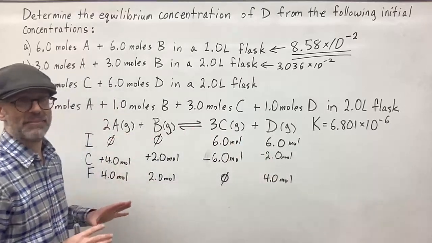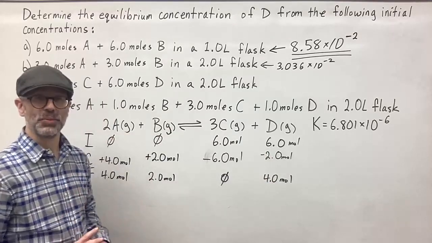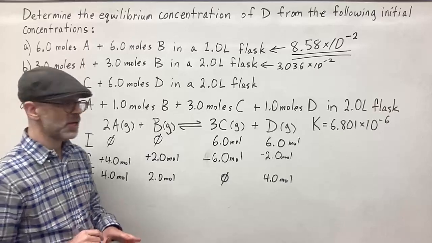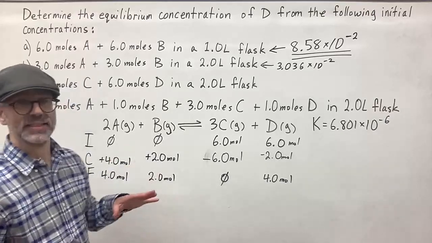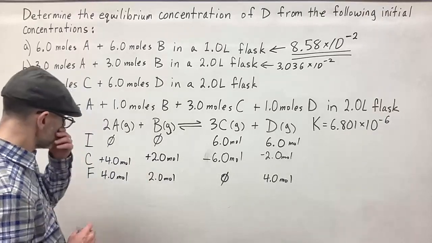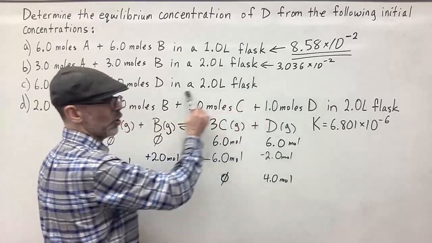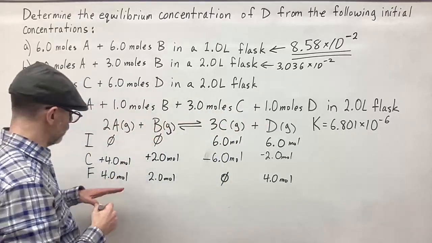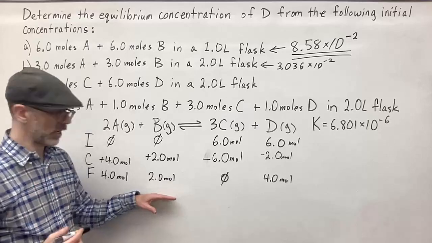Now that I have the stoichiometry part done, now I can do the equilibrium part and do an ICE table. So now what I want to do is take the moles and convert that to concentrations. Since in part C I have a 2-liter volume flask, I'm going to have to divide each of the moles by 2 liters to get the molarity.